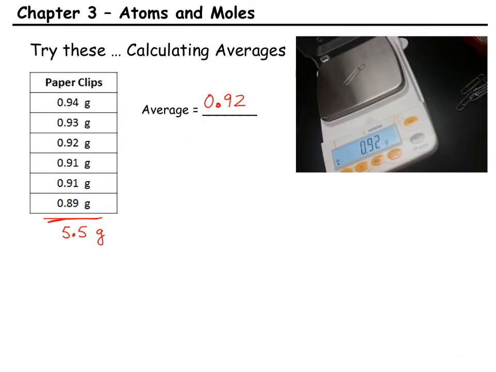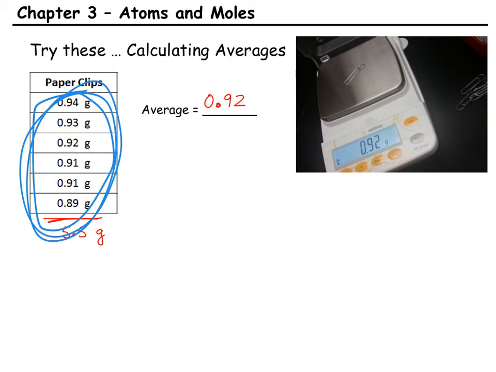Now, how does one calculate averages? The simplest way to do an average is just to take a sample of something. For example, here's the mass of a bunch of paper clips, and they're all pretty close to the same, slightly different.